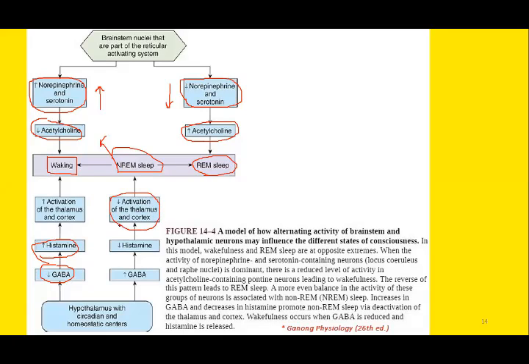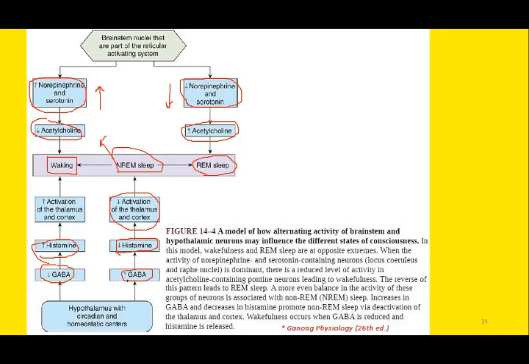This will cause decreased release of histamine. In the absence of histamine, gamma amino butyric acid will take over and hence the circadian rhythm is maintained. So this is the role of the reticular activating system in maintaining the circadian rhythm.